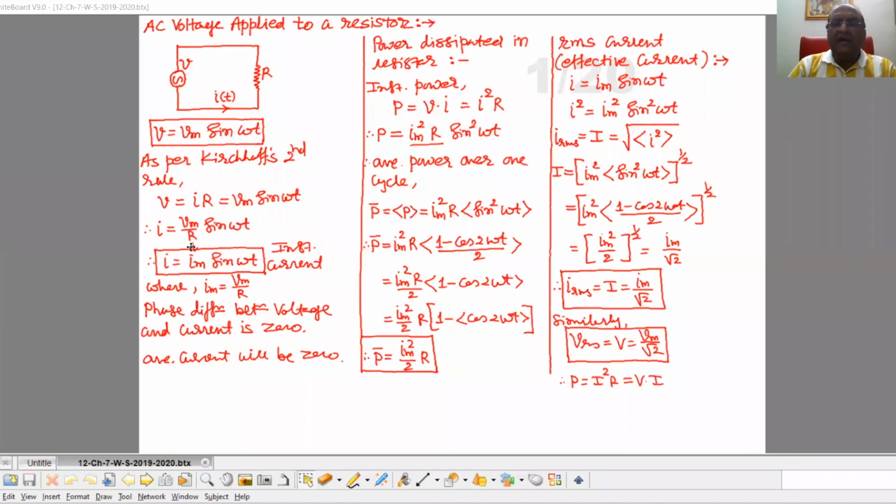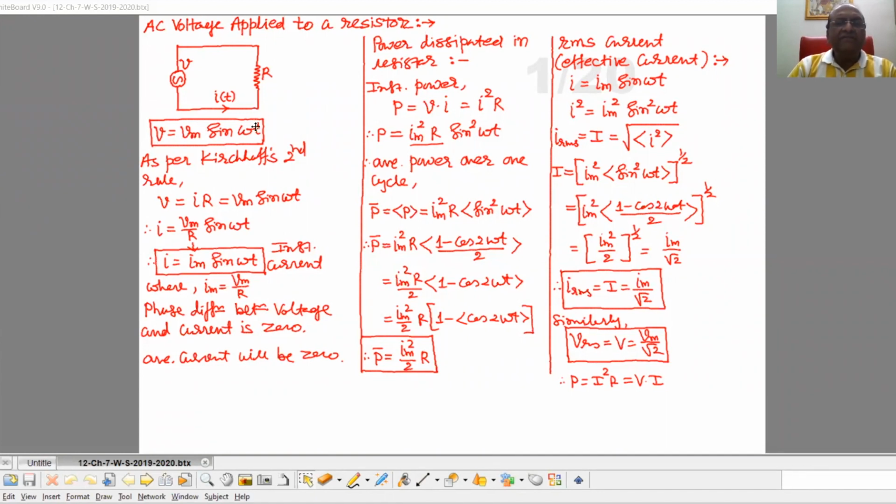Now Vm by R is the maximum current in the circuit, when the value of sin is 1. So we can write the equation I equals Im sin omega t, where Im is Vm by R. This is the equation for instantaneous current. Here we can observe that the voltage equation is Vm sin omega t and the current equation is Im sin omega t.